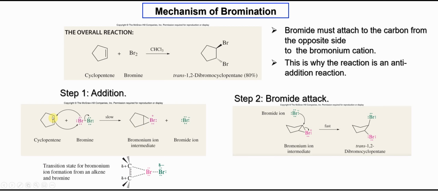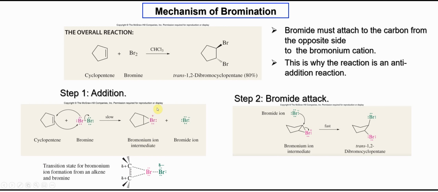And this Br is going to bond with the double bonded carbons. You form a 3-membered ring. And this bromine, having lost an electron, forms a positively charged ion. This one we call the bromonium ion, like hydronium or oxonium.